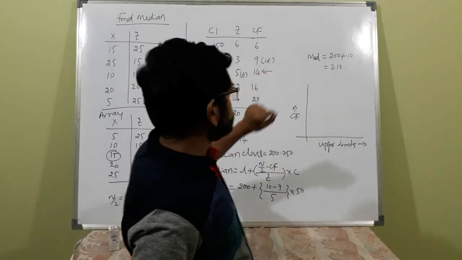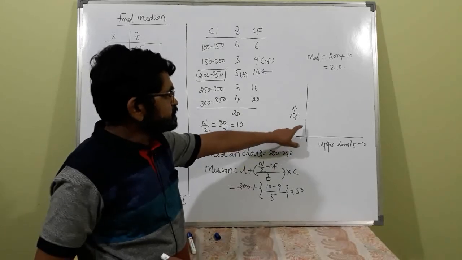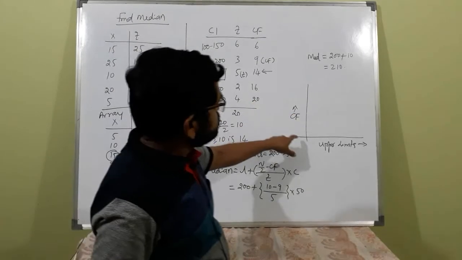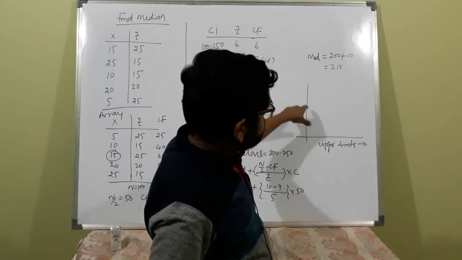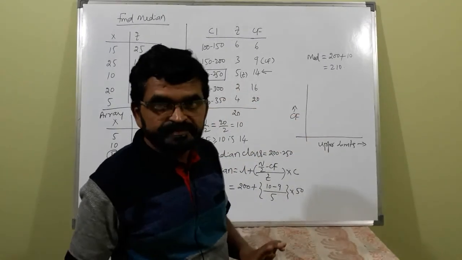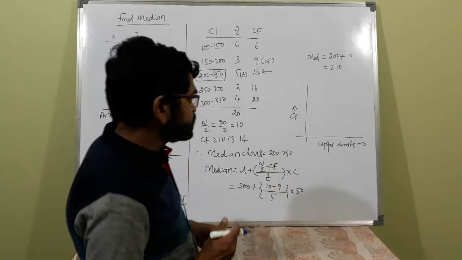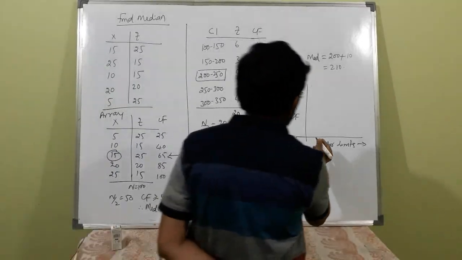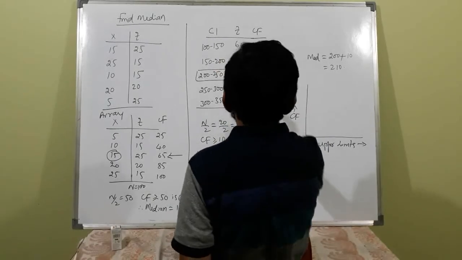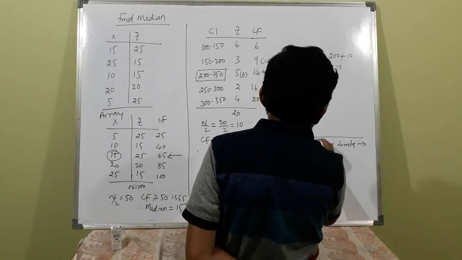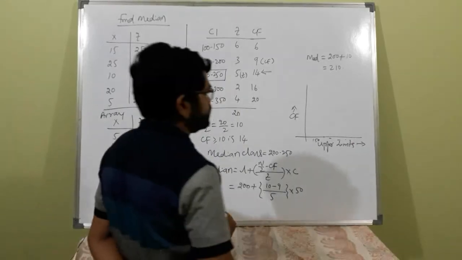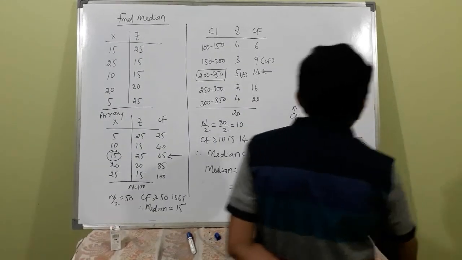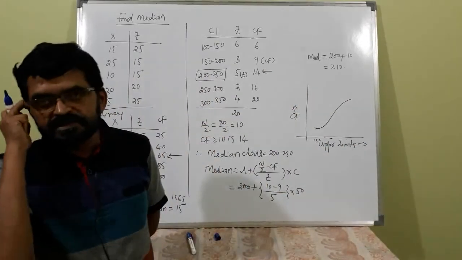Take a bigger scale, because if you take 1 centimeter equal to 5, then the maximum 20 will be exhausted within 4 centimeters. So you can take more than that. Then for each, upper limits are 150, 200 here. Then you will get this kind of ogive, the less than ogive.